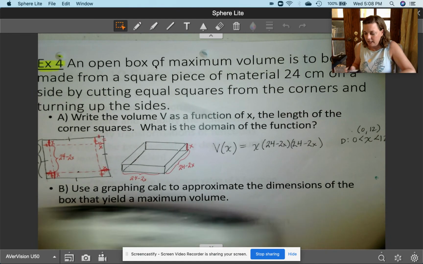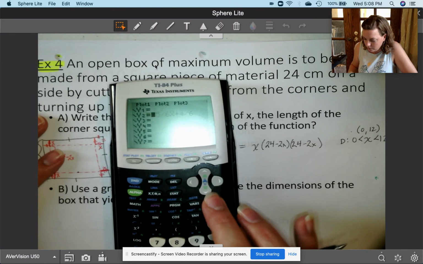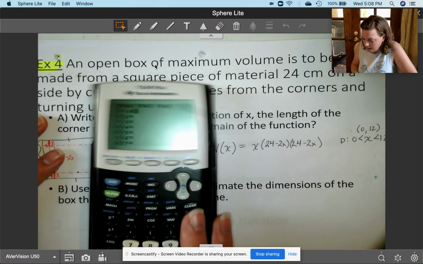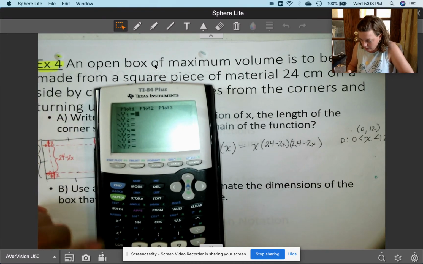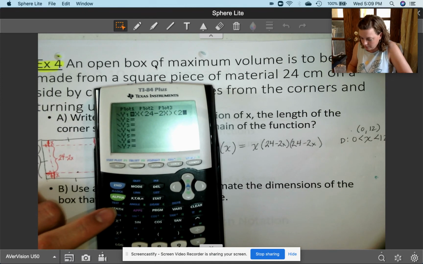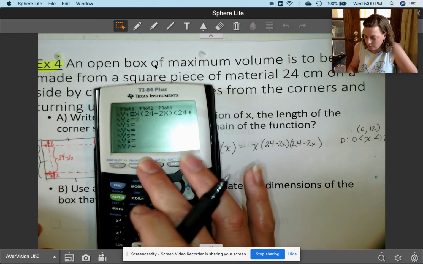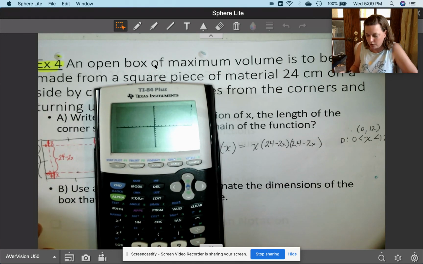I'm going to use my TI first. I'm going to go to my graphing menu, and I'm going to plug in y equals x times 24 minus 2x times 24 minus 2x. I'm going to do a zoom standard window.